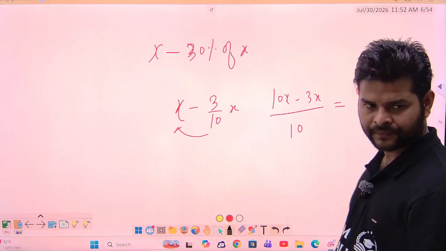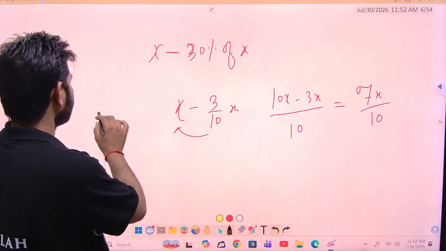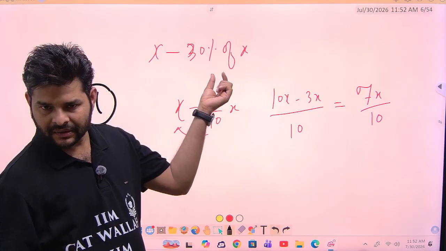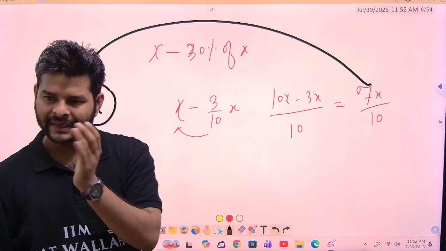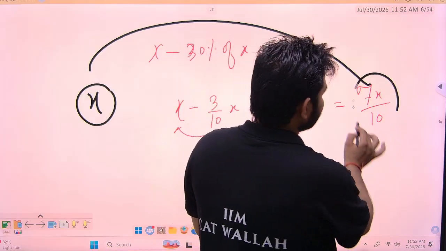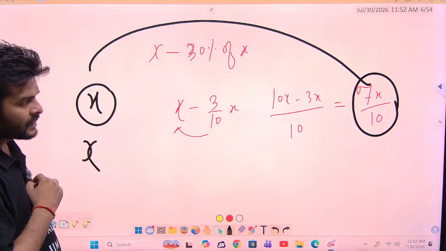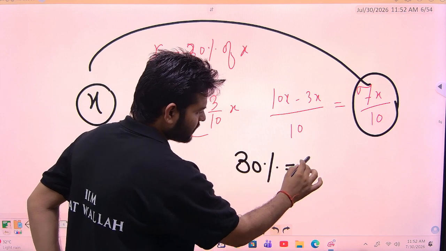If my salary was X initially and I have invested 30% somewhere, the rest salary is this. Quite clear? The value I can find directly. My salary is X, I have invested 30%, the fraction would be 3 by 10.